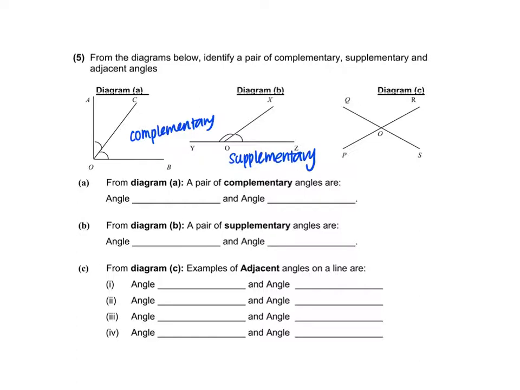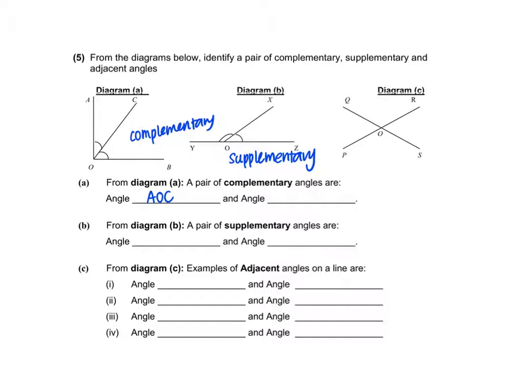Part A. From diagram A, a pair of complementary angles are angle AOC. So we read it as from one point to the angle. So this angle O is in between point A and point C. So this is called AOC. So the angle that we want is always labeled in the middle, right?